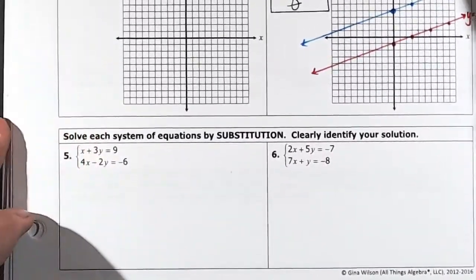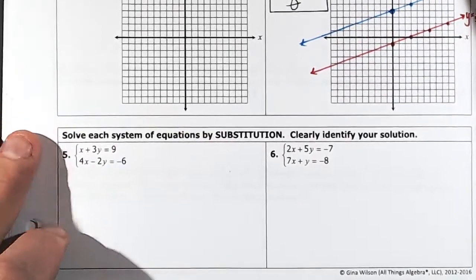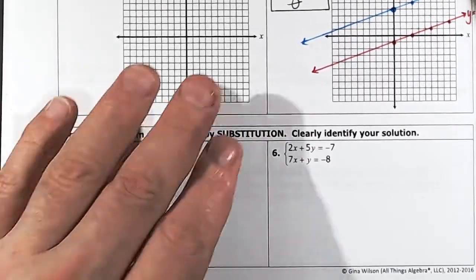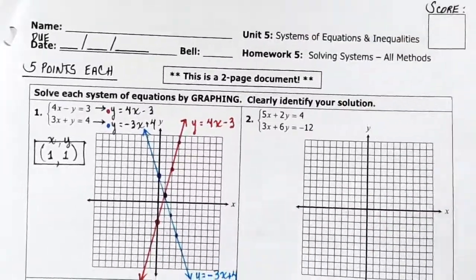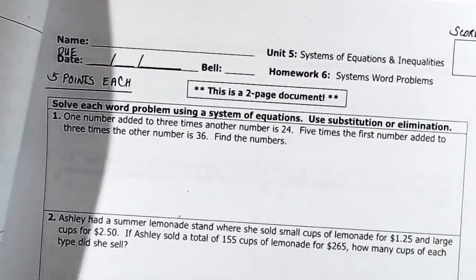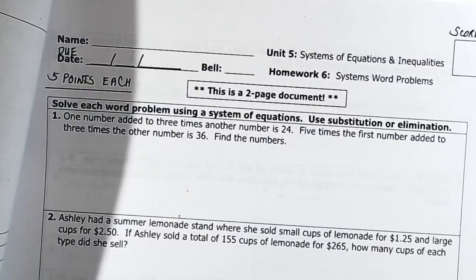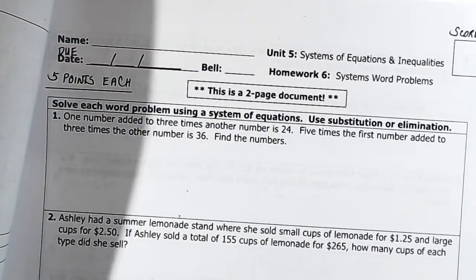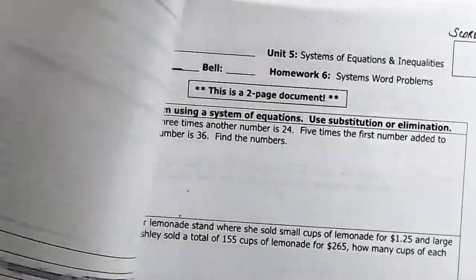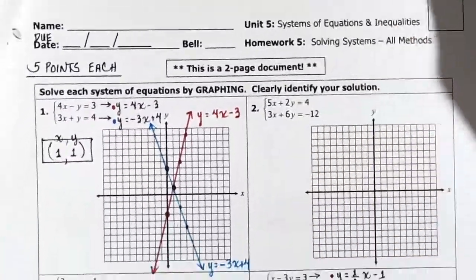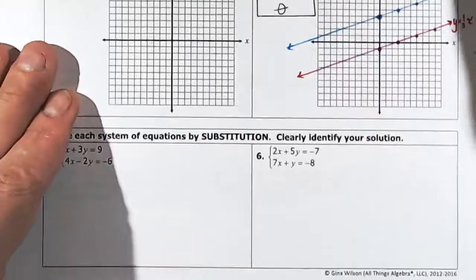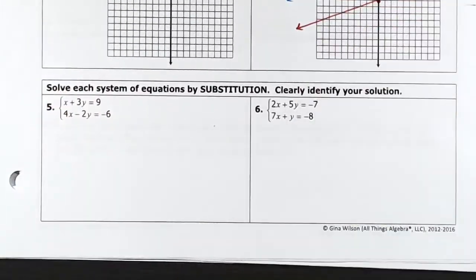Let's move down to solving these systems using substitution. Let me just check the second page to see what's going to be coming our way. All right, so let's take a look at number 5. Remember what we have to do in substitution.